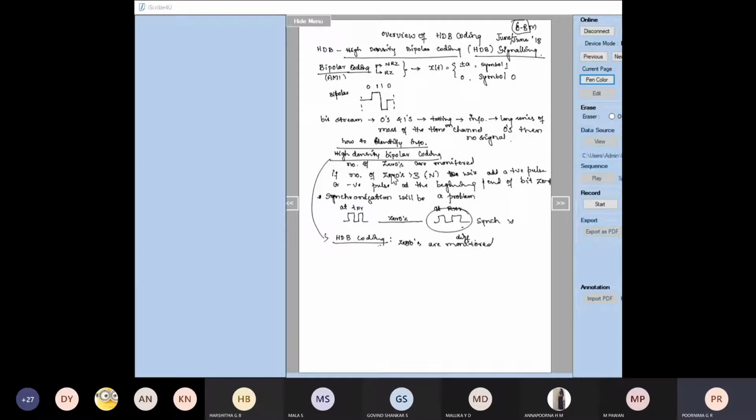And based on the number of zeros getting transmitted, we will be using this HDB N coding, where N represents 1 or 2 or 3 or 4, etc., up to N number of bits. So all these belong to a bit stream X of T. If, for example, you take N as equal to 3, then it is represented as HDB3 coding.